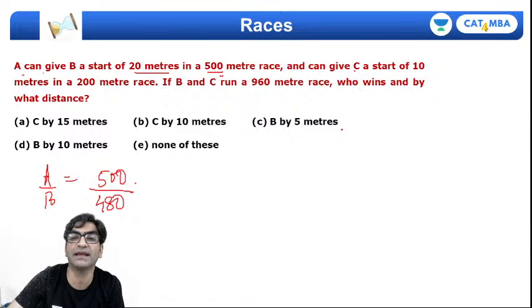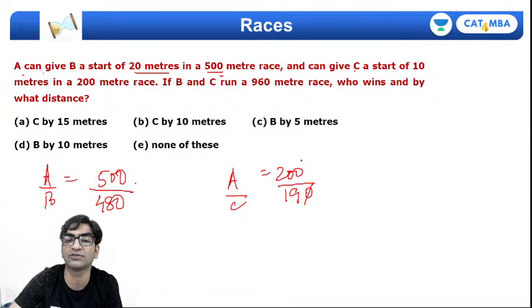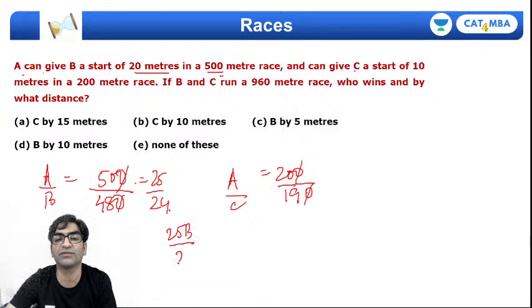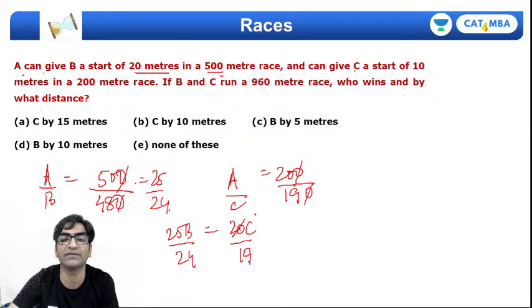Similarly, A can give C a start of 10 meters in a 200 meter race, which means A runs 200, C runs 10 meters less, 190, right? So 20 by 19, this is 50 by 48 or 25 by 24, right? So equating the two, you will get 25B by 24 will be equal to 20C by 19, है ना? तो 5 4s are 20, 5 5s are 25.